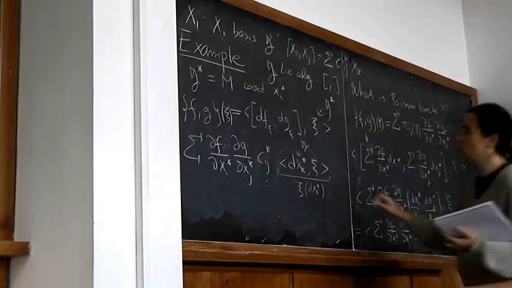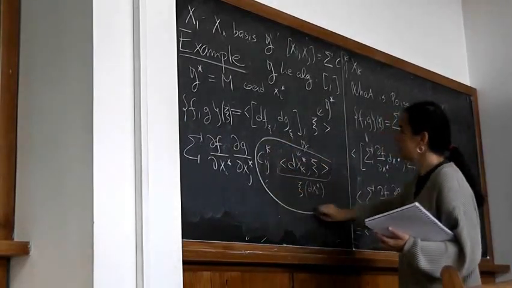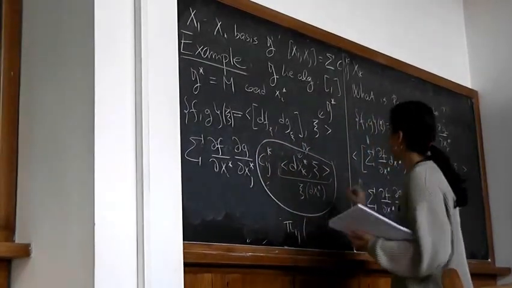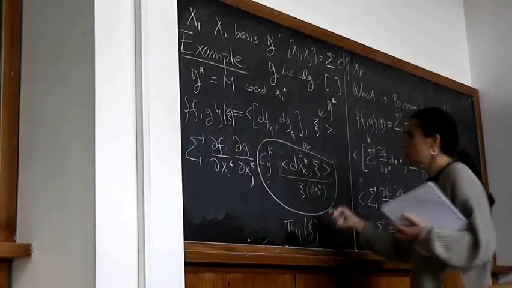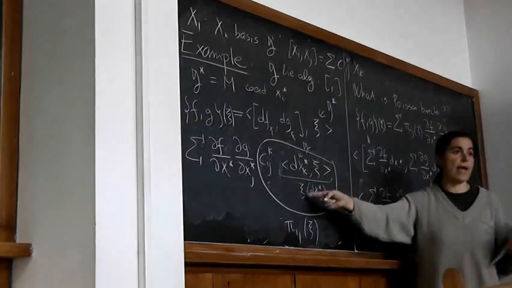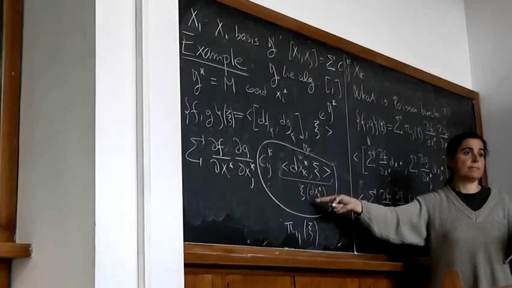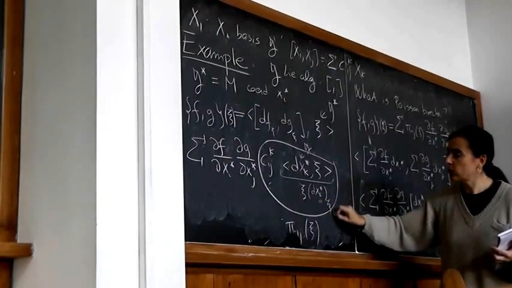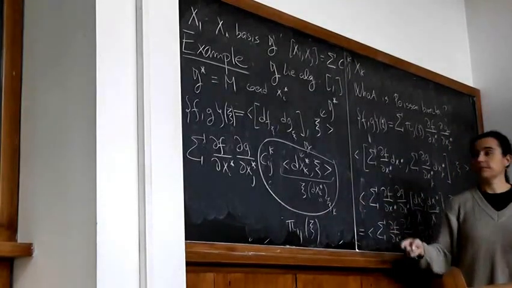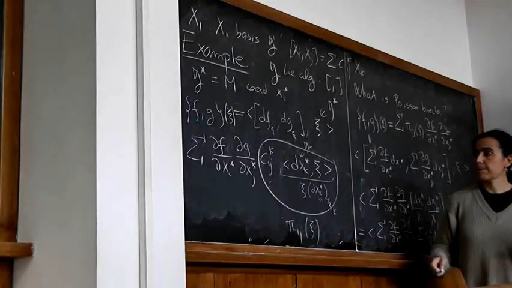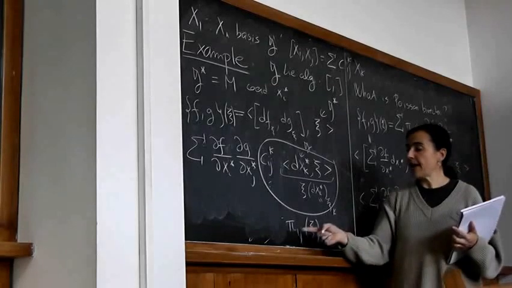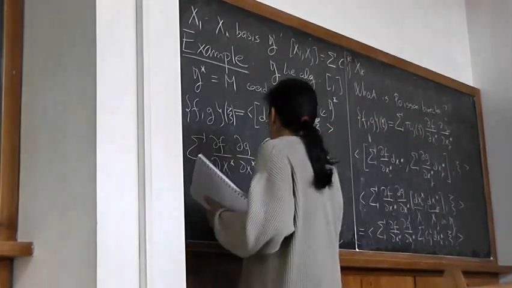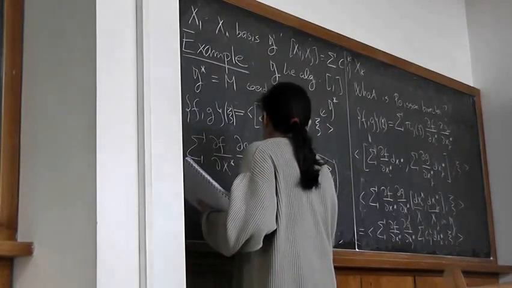So we have shown that this thing is pi ij psi. So it's the kth component of psi, like psi k in the coordinates. So we have proven that pi ij is the summation of Cijk psi k.